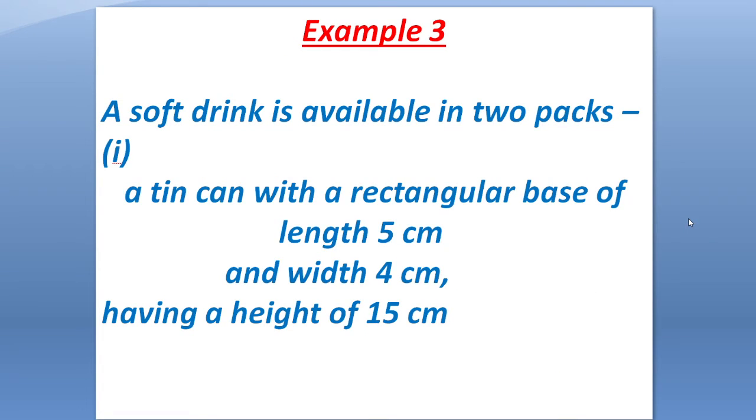Now example number 3. A soft drink is available in 2 packs. First one, a tin can with a rectangular base of length 5 cm with 4 cm having a height of 15 cm.